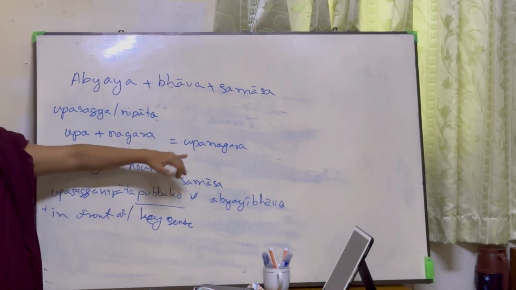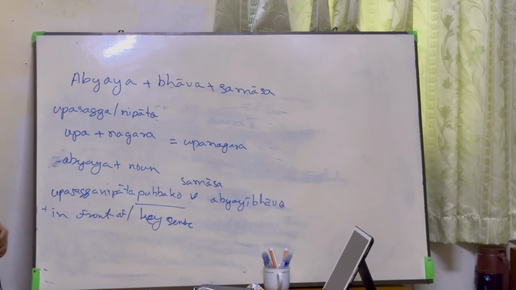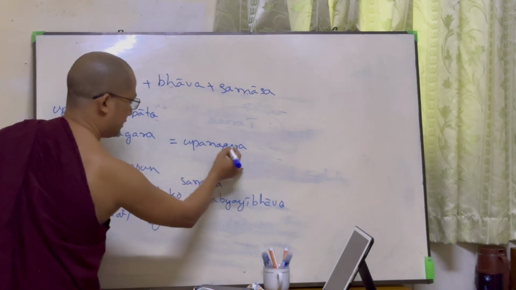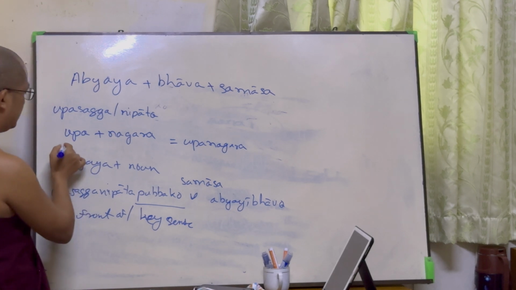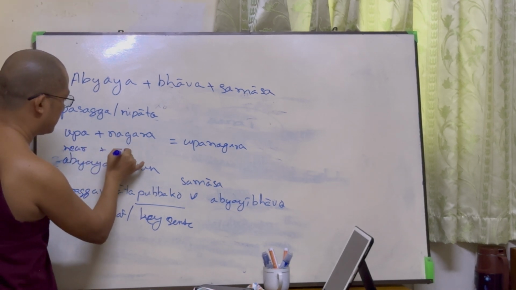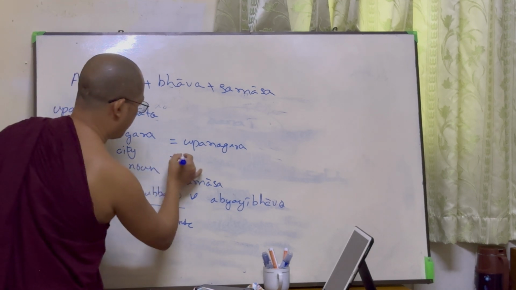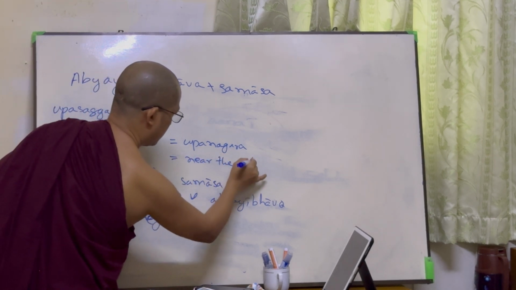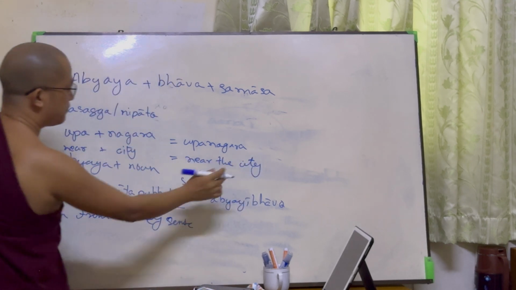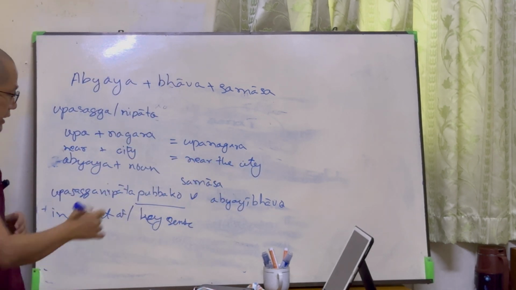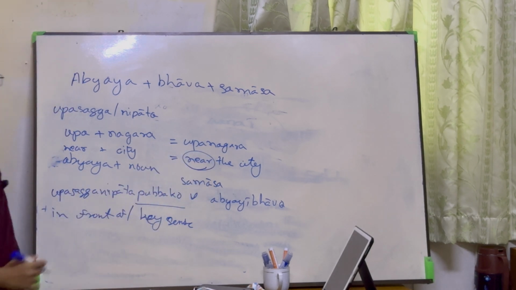Not only in front, when we translate it, this Upa means the key meaning. Upa means near. Nagara means city. Therefore, when we translate, near the city. This is only the near meaning, not the city meaning. Key is the near meaning.